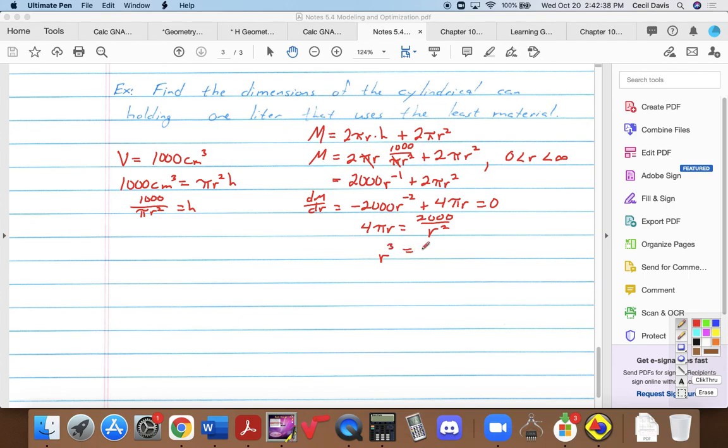So r cubed is going to be 2,000 over 4 pi, which is 500 over pi. So the radius would be the cube root of 500 over pi.